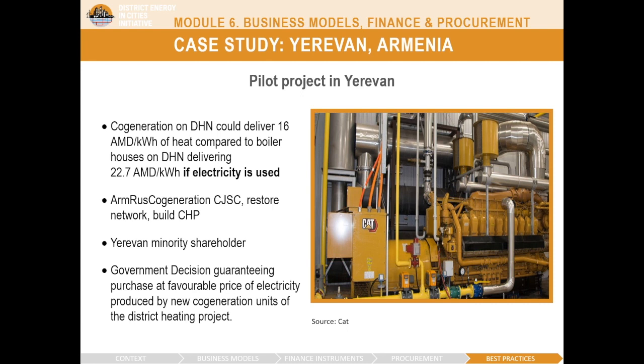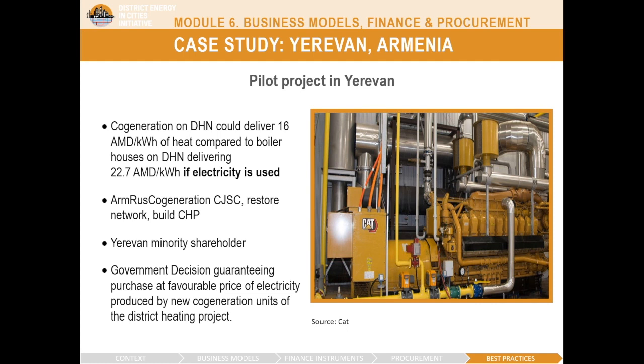The adopted pricing approach reduced the commercial risk for investors by ensuring a guaranteed revenue from electricity sold to the grid at a favorable tariff, and a competitive and affordable heat tariff ensuring a high connection rate of the residents and consequently high revenue from heat sales. During the 2011-2012 heating season, the heat tariff of Avan district heating system was 16 AMD per kilowatt hour, while the cost of heat produced by apartment level boilers was about 23 AMD per kilowatt hour.